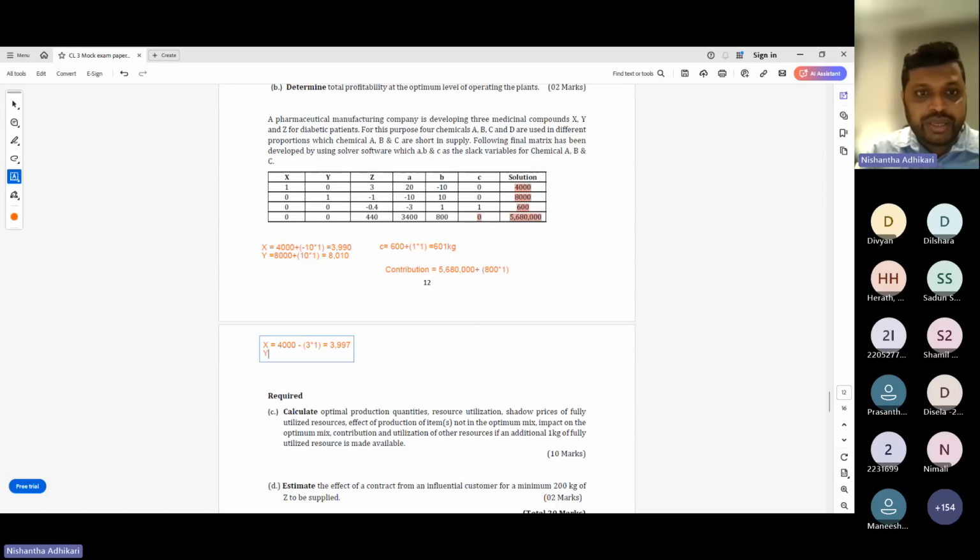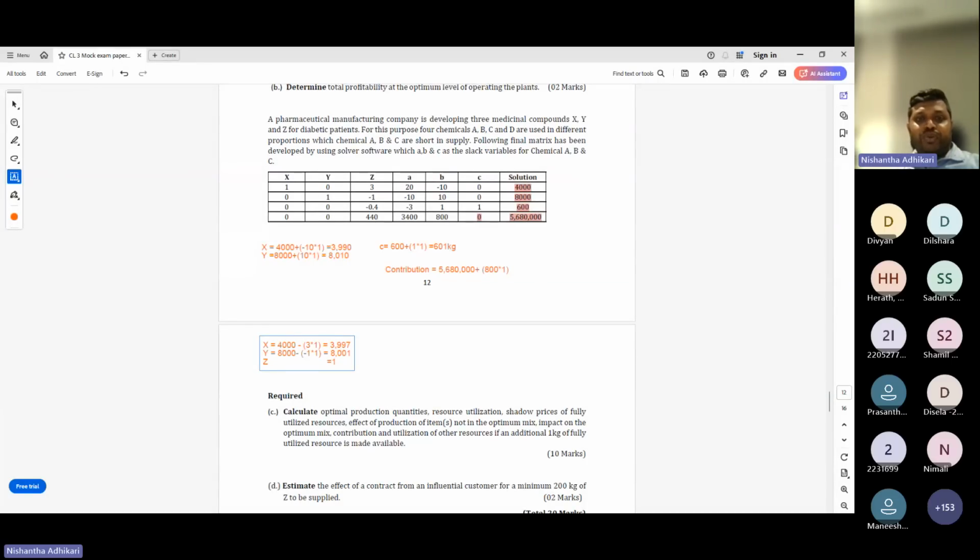Right. Y is 8,000 minus, it is a minus 1. Minus 1 into 1, you are going to manufacture 1 unit. Minus into minus is plus, so it becomes 8,001 units. And in the product mix, Z will be 1 unit.